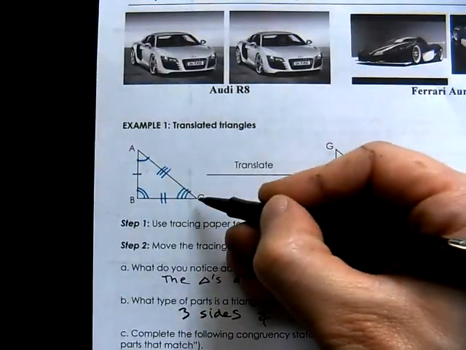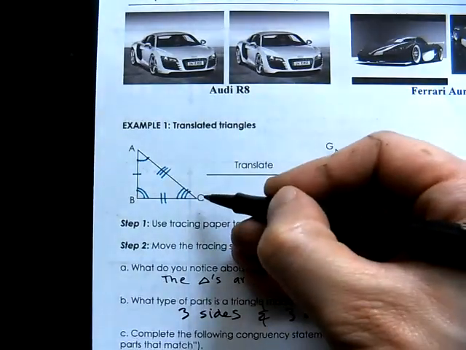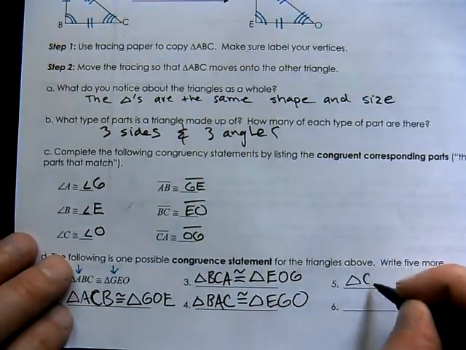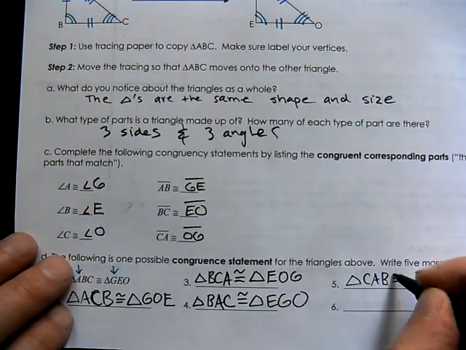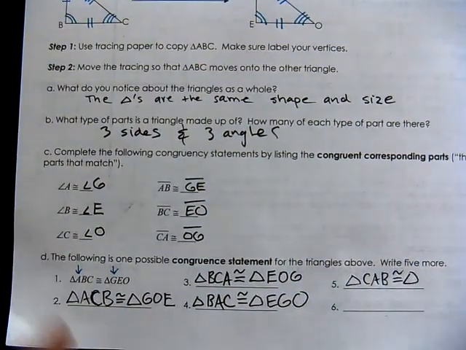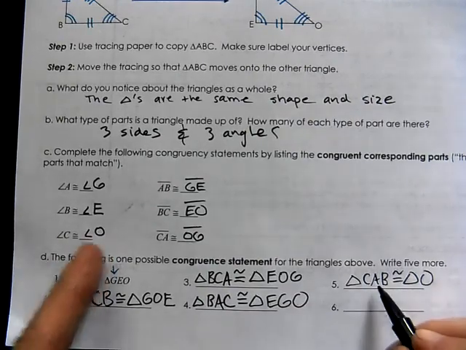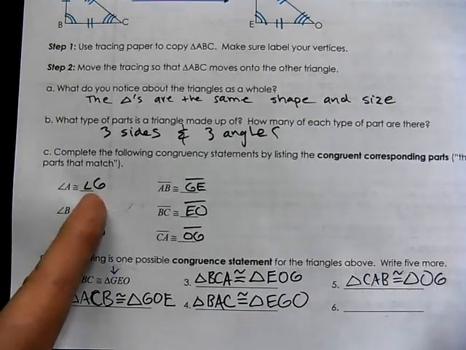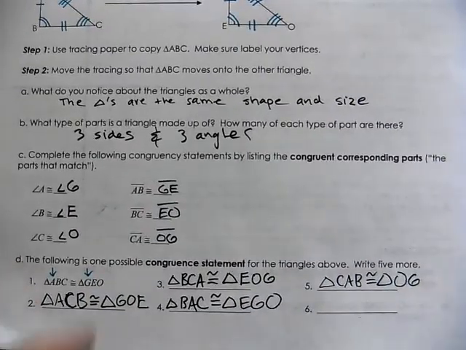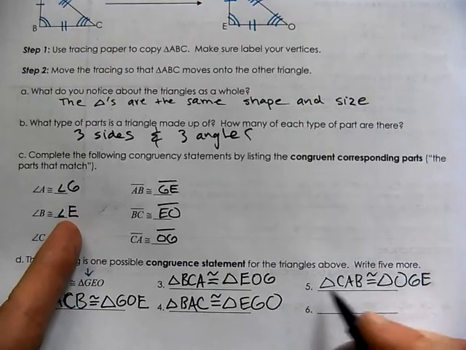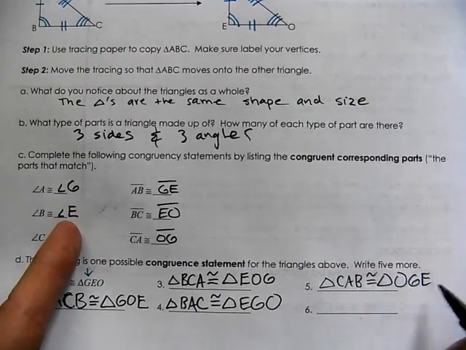And lastly, what if we had started at vertex C and gone counterclockwise around? So triangle CAB. In the same way, C pairs up with O, so O has to start. A pairs up with G. And then lastly, B pairs up with E. So triangle CAB is congruent with triangle OGE.